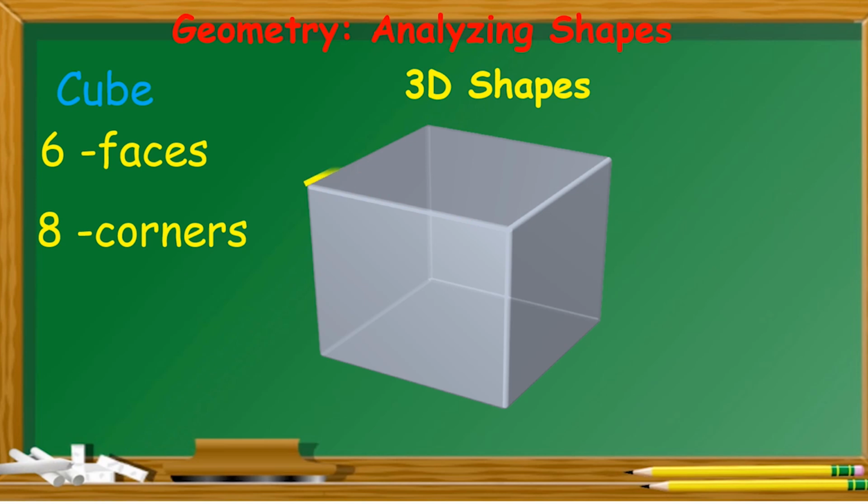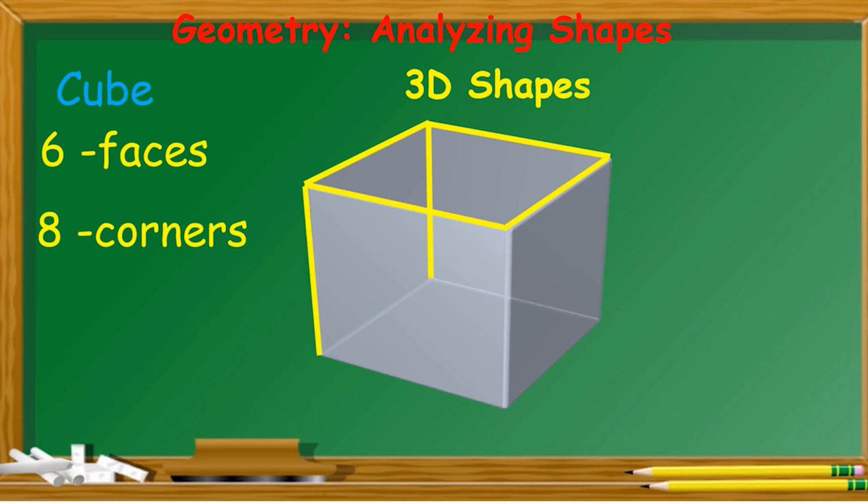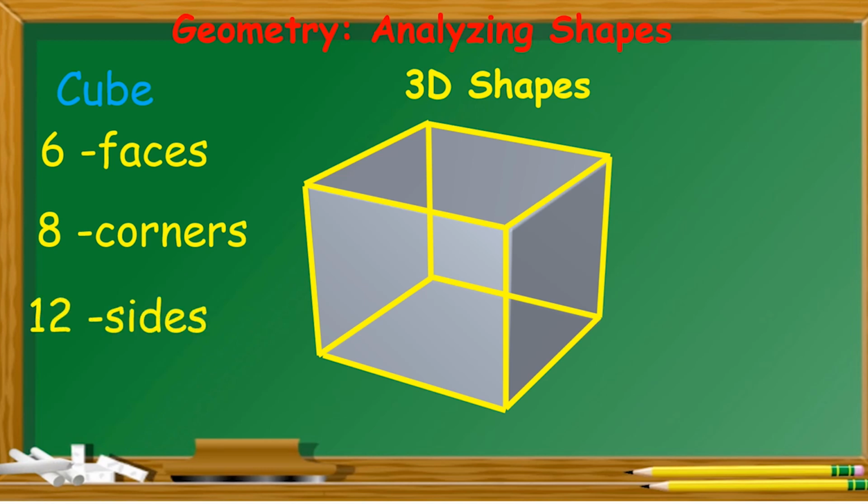Let us count. 1 side, 2 sides, 3 sides, 4 sides, 5 sides, 6 sides, 7 sides, 8 sides, 9 sides, 10 sides, 11 sides, and 12 sides. So the cube has 12 sides. Next.